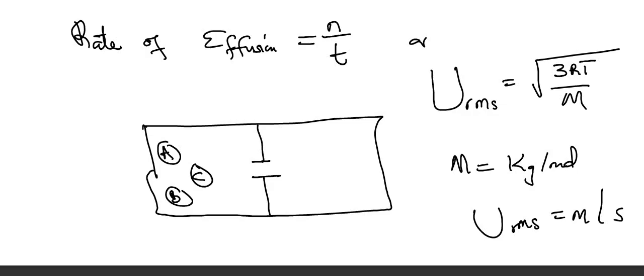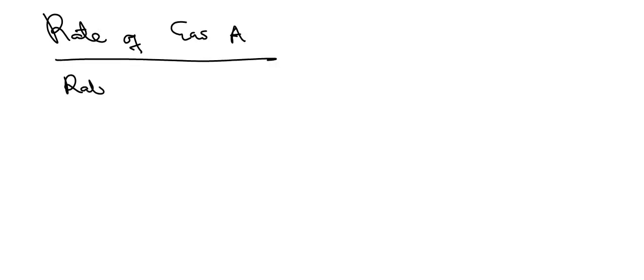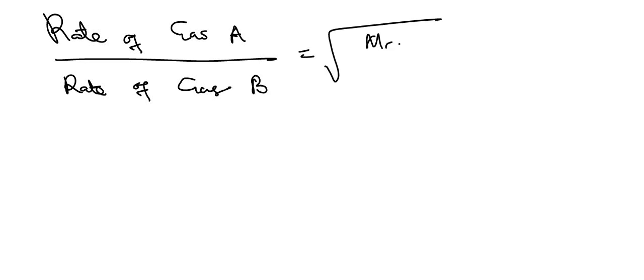But if you're doing a comparison, we say the rate of, let's say, gas A over the rate of, let's say, gas B is equal to the square root of the Mr of gas B over the Mr of gas A. This is when you're doing a comparison between two gases. And it should be logical that the heavier the gas, the slower it is when it comes to moving.